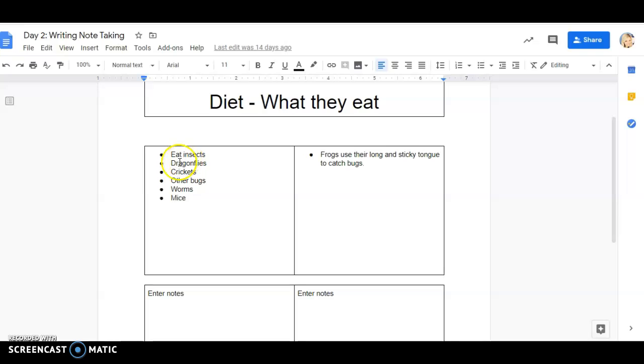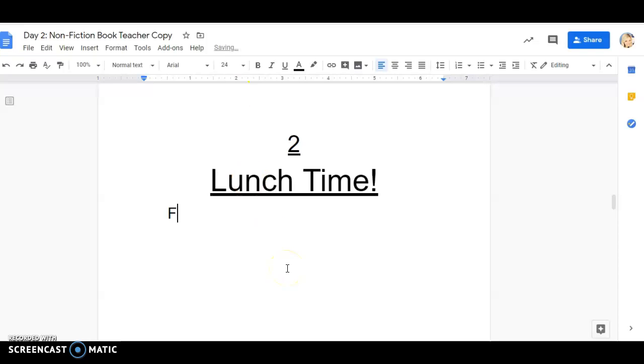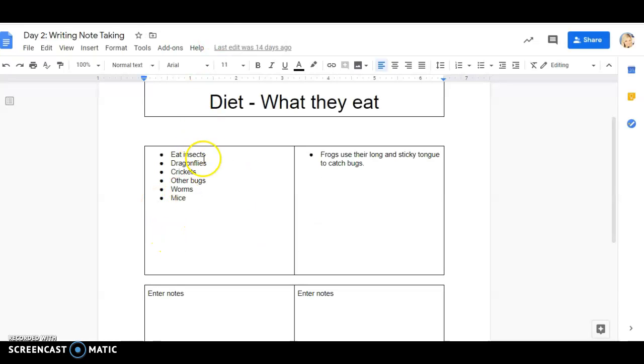So we know frogs eat lots of insects, dragonflies, other bugs. So I'm going to start off by saying, frogs eat many types of insects, period. Now I'm going to give an example of some of the insects that they eat, which is what I read about, dragonflies, crickets.